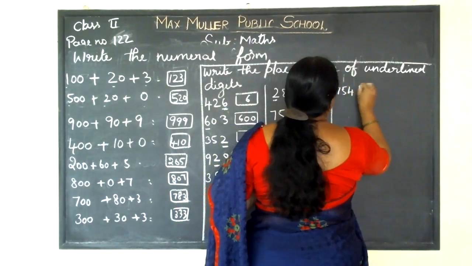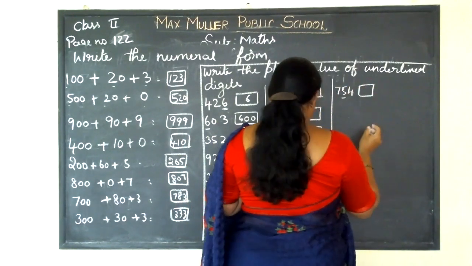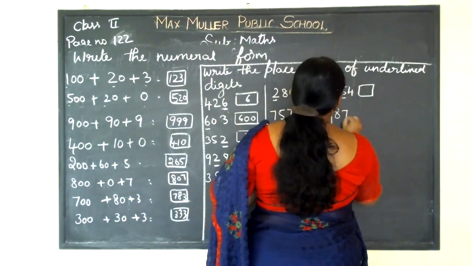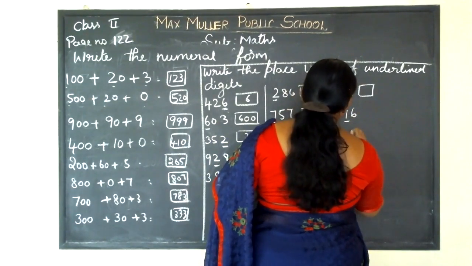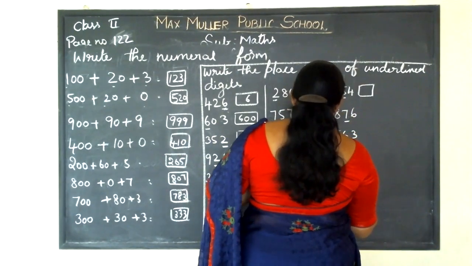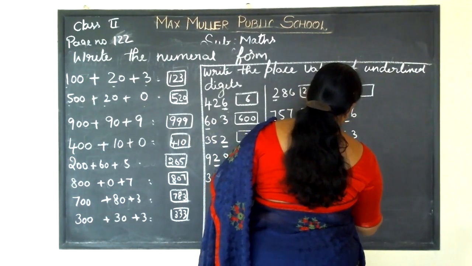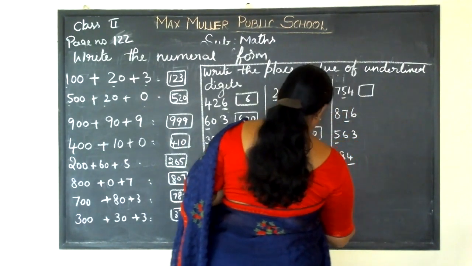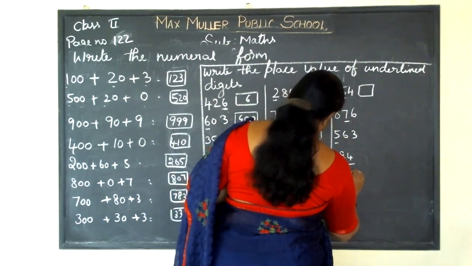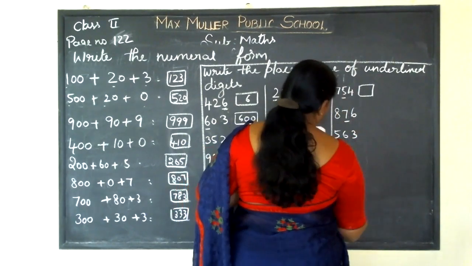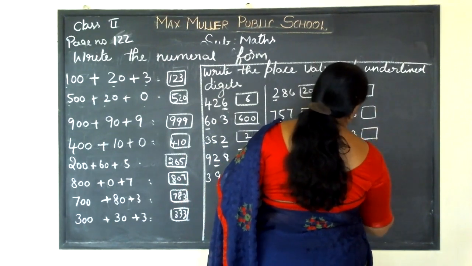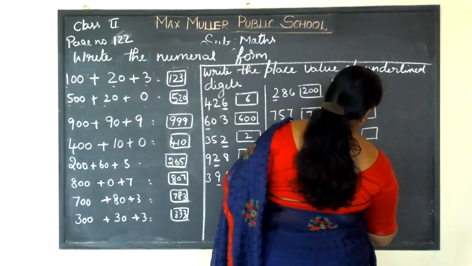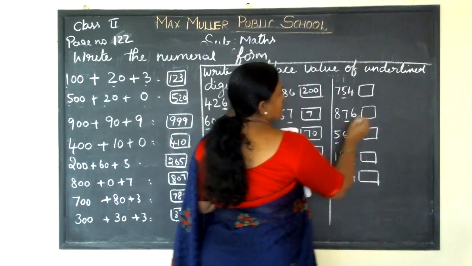754. 5 is in... 876. 563. 184. 754. See in this, 7 is in which place, children?